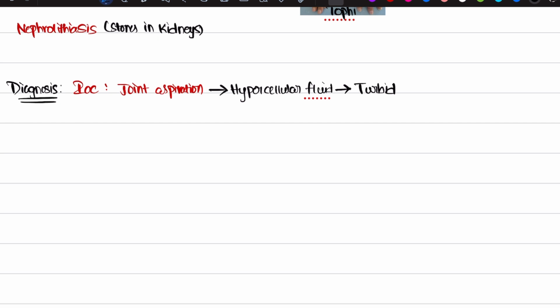Normally in the joint, if you aspirate the joint fluid, the cell count in a normal patient is less than 200 cells. But in a gout patient, the number of cells is more than 2000 cells. So the number of cells increases due to the inflammation caused by the deposition of monosodium urate crystals.